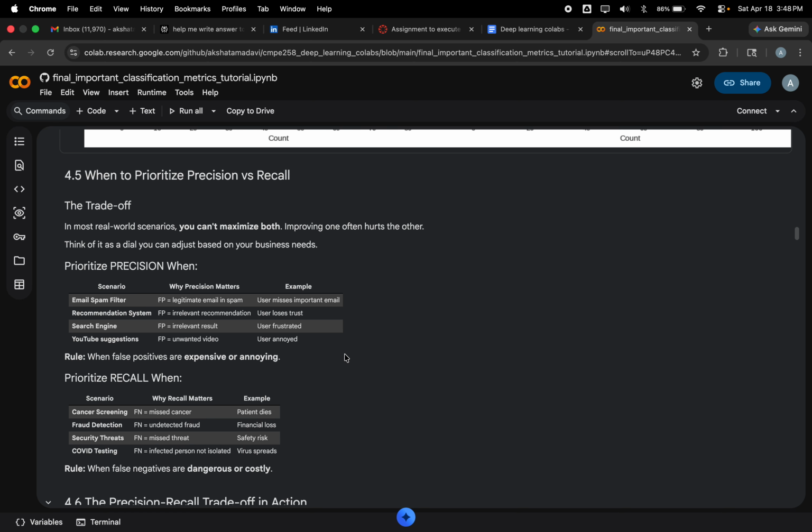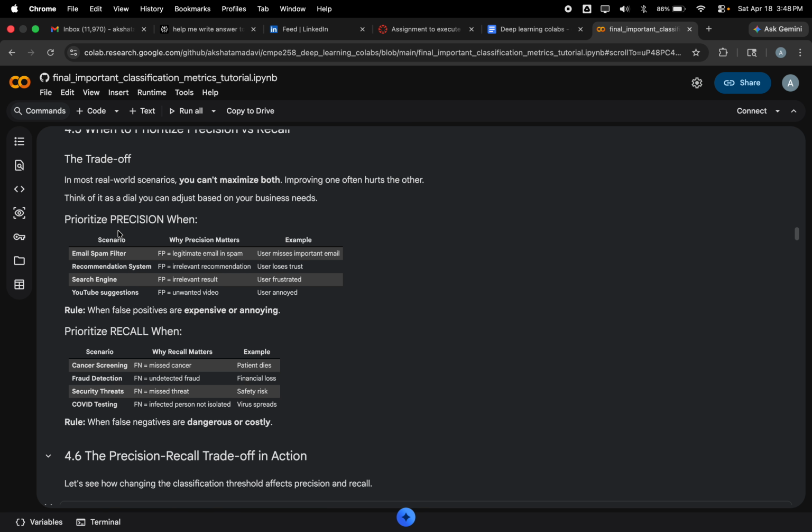So when to prioritize precision versus recall? In most real-world scenarios, you can't maximize both. Improving one often hurts the other. Think of it as a dial you can adjust based on your business need. Prioritize precision where false positives are expensive.